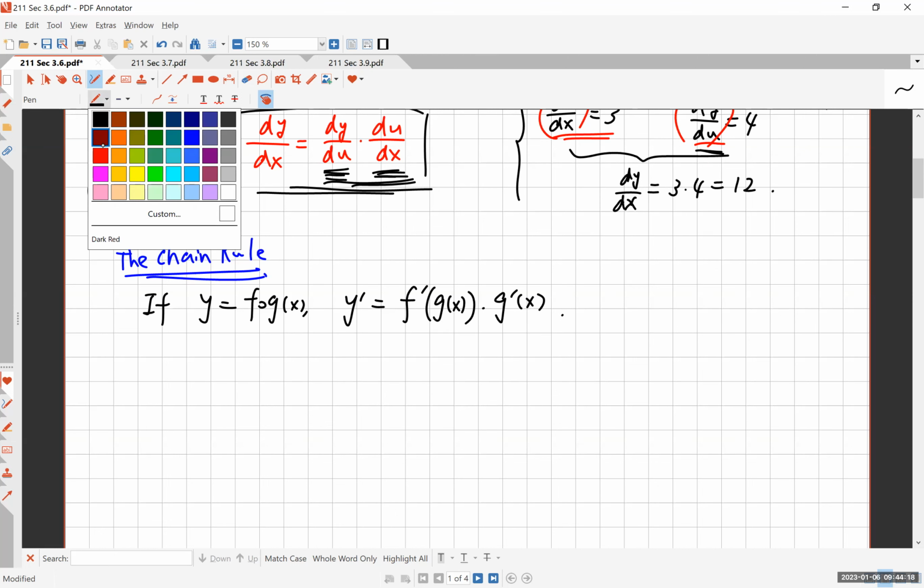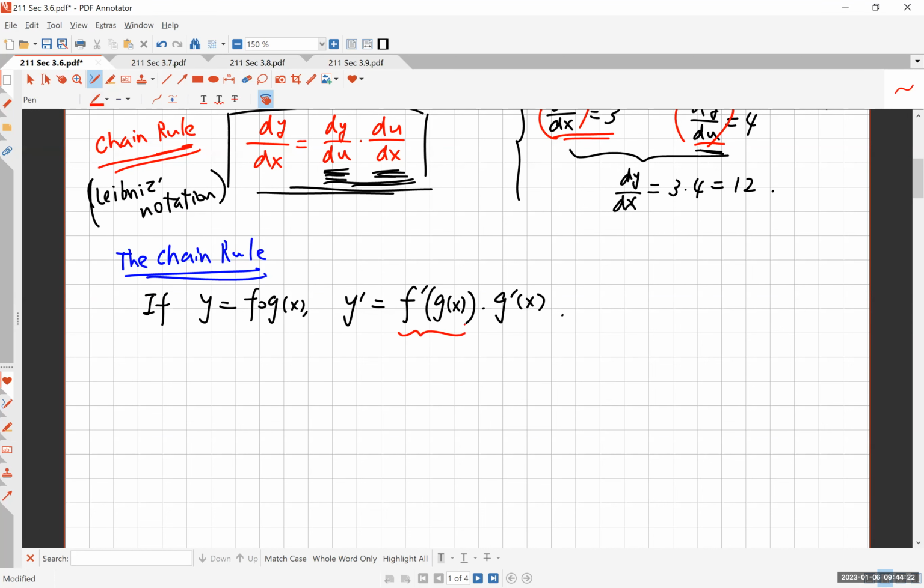And so here's maybe a bit more detail so you can more easily understand this. What I'm saying is the derivative of the composition is going to be the product of two things. The first one is the derivative of the outside function evaluated at the inside function.